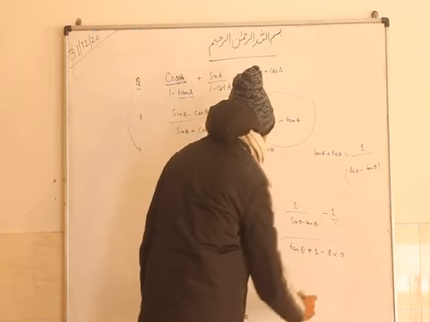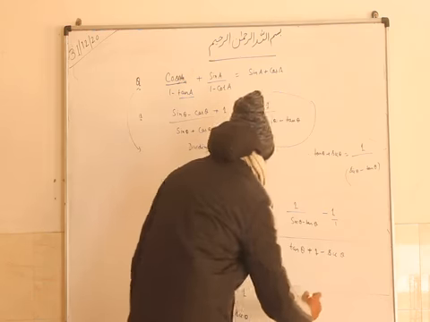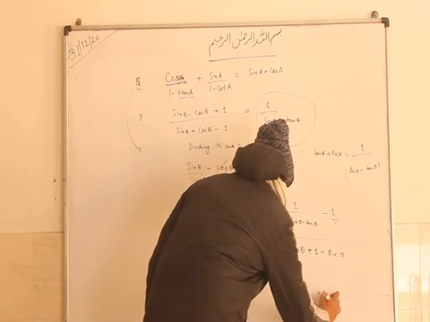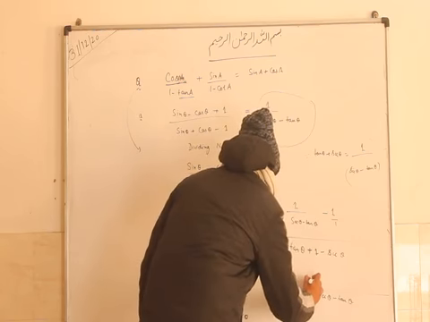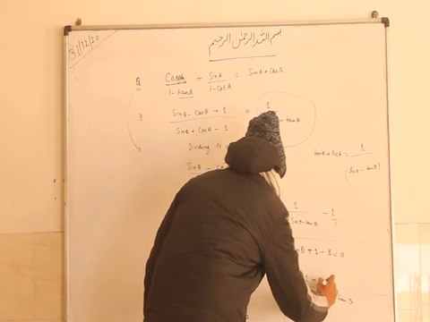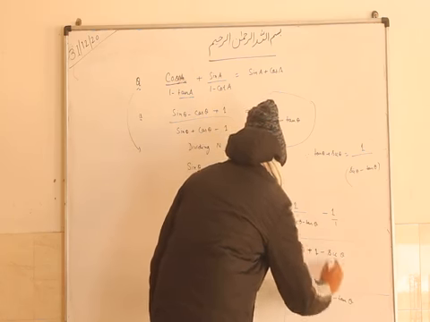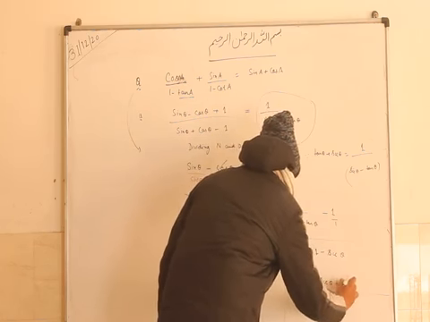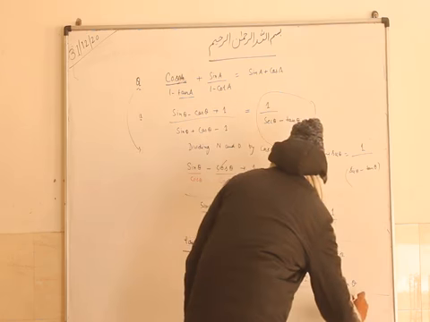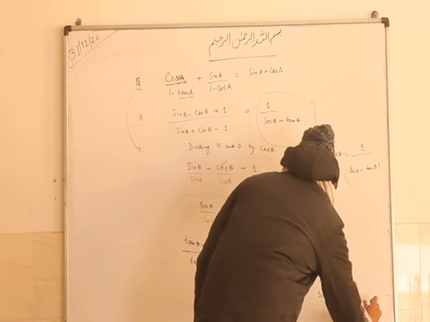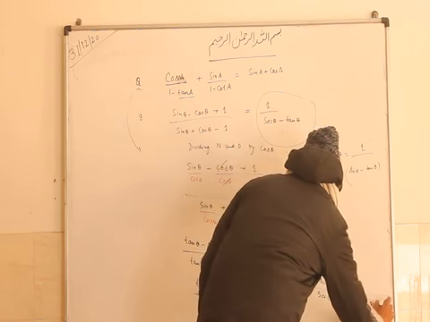We take sec theta minus tan theta. So here it is 1, and here minus sec theta, and minus minus plus tan theta. Understood? In the denominator the same thing is there: tan theta plus 1 minus sec theta.